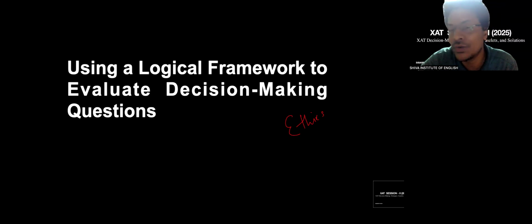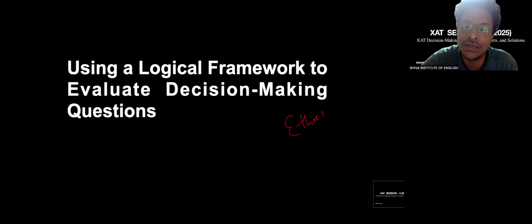Now the next question that comes is, how to apply that? Remember, when we go for it, we need to check whether the solution involves deception, bias, or harm to any stakeholders. Let's think of an example.